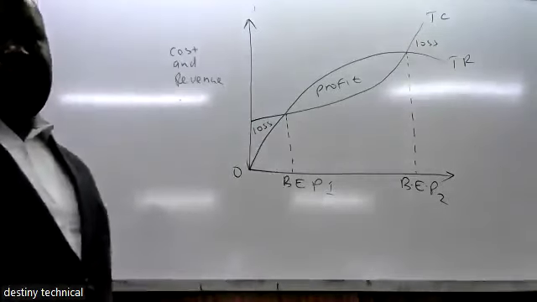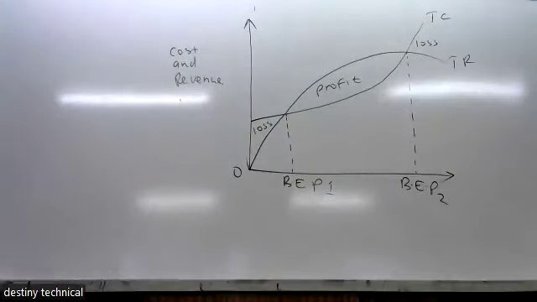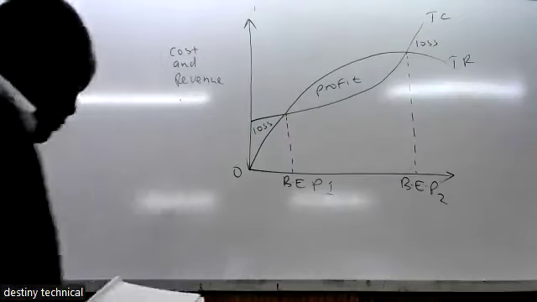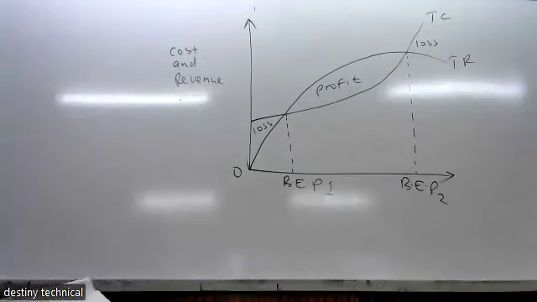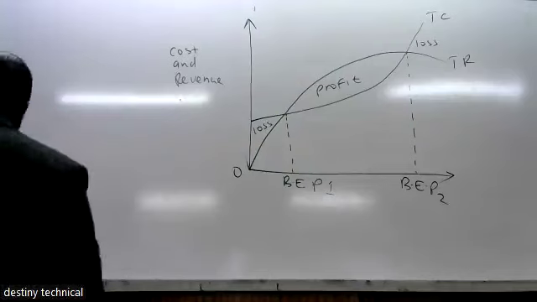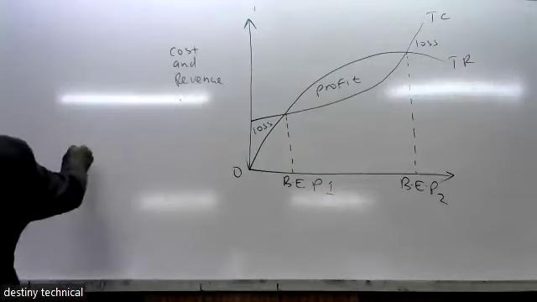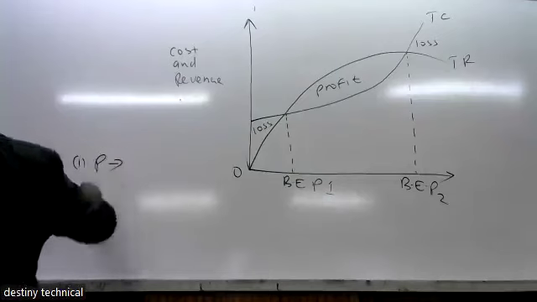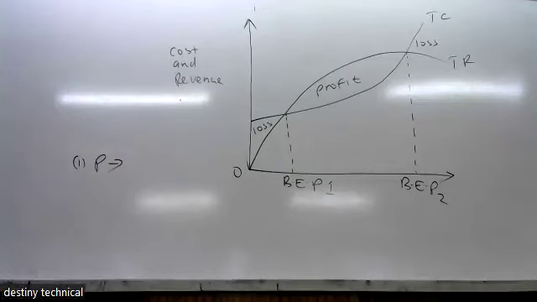So the first one, number one, will be P. P is the selling price per unit.